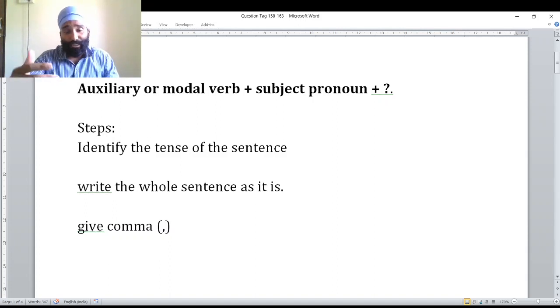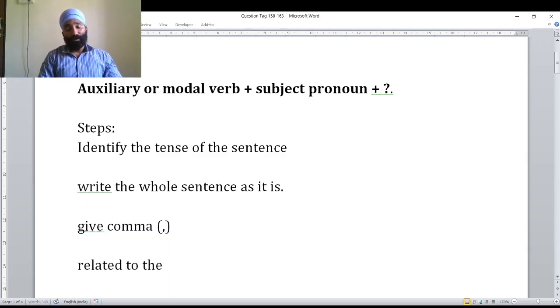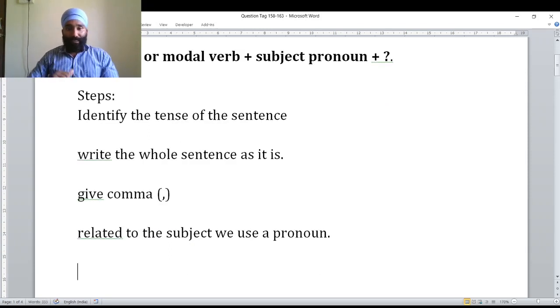After using the helping verb, you use subject pronoun which will be related to the subject. A pronoun related to the subject. Next step is adding question mark.